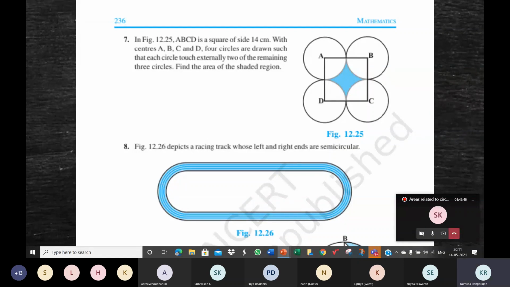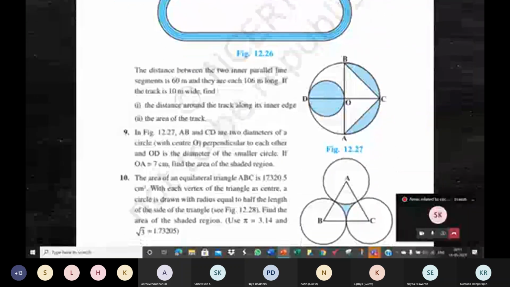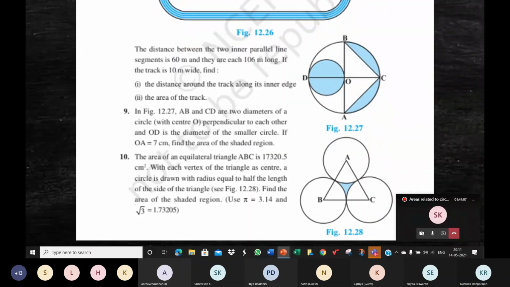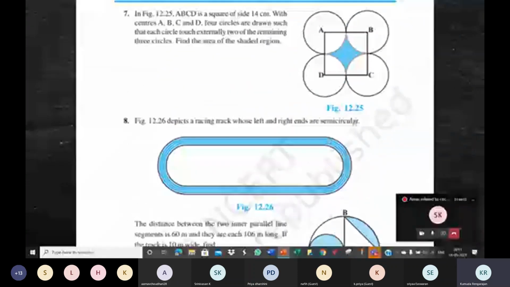Which means this is the figure. So sometimes the figure is not given, it's in words, and you need to understand from these words that the coins or the congruent circles are placed like this. I want you all to work the 10th one because it's similar to this.